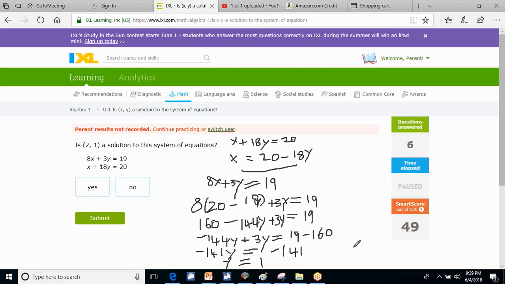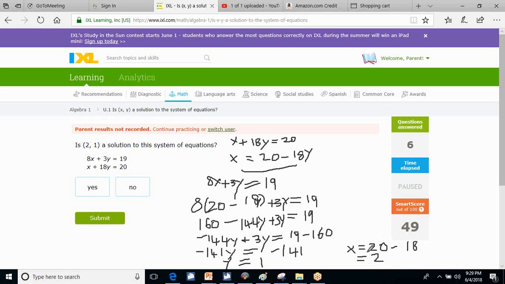All right, just write this. x is equal to 20 minus 18y. But y is 1, so it's 18 times 1, which is 18. So x is equal to 20 minus 18, which is 2.